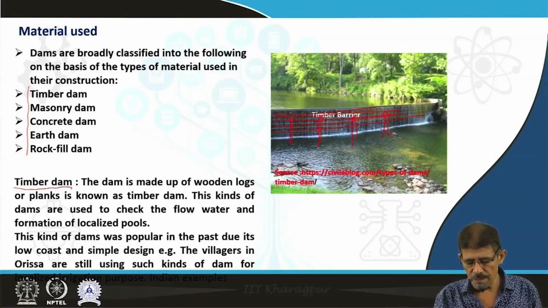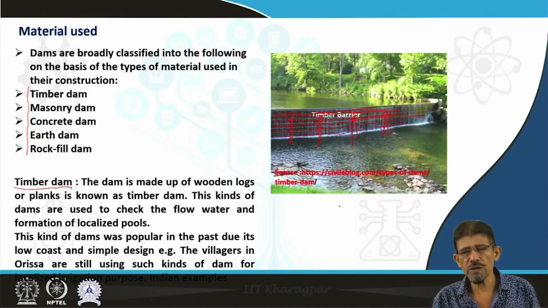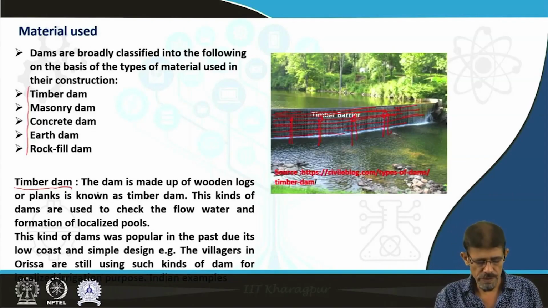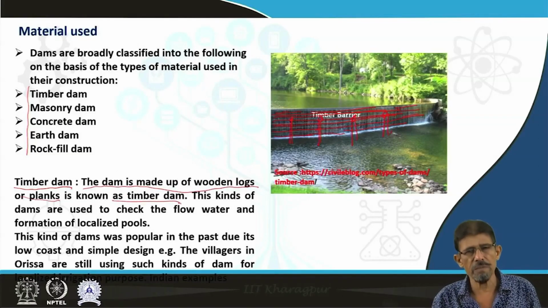Along with this, some earth material, some rubble, some geosynthetic, some cotton, some plastic are used to fill the gap between the consecutive logs of wood. Therefore, we can say that any dam which is made up of wooden logs or planks is known as a timber dam.